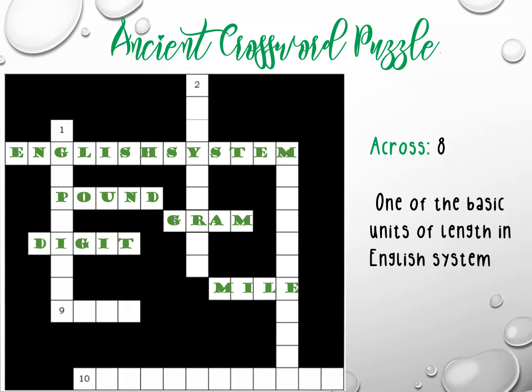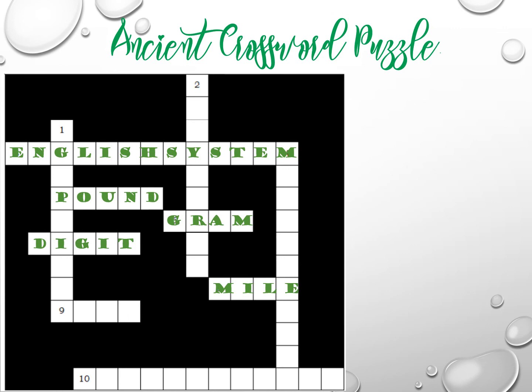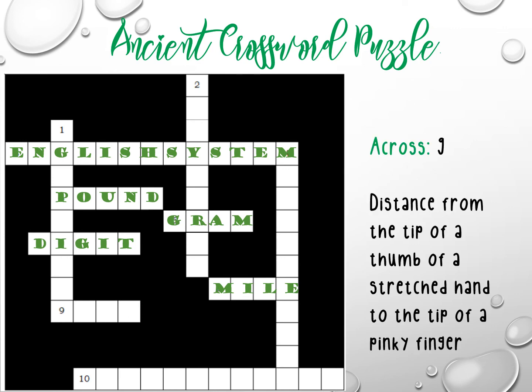Next one. Across 9. Distance from the tip of a thumb of a stretched hand to the tip of the pinky finger. Yes, it is 4 letters. Yes, the answer is span.